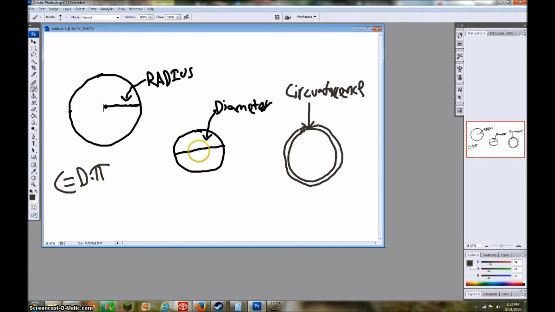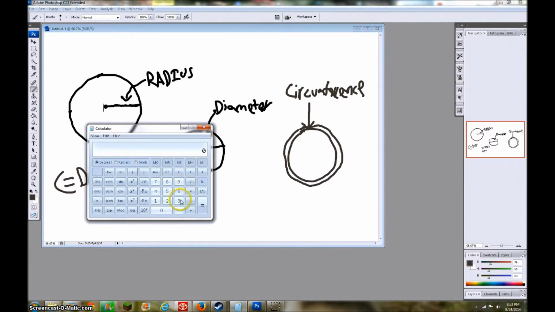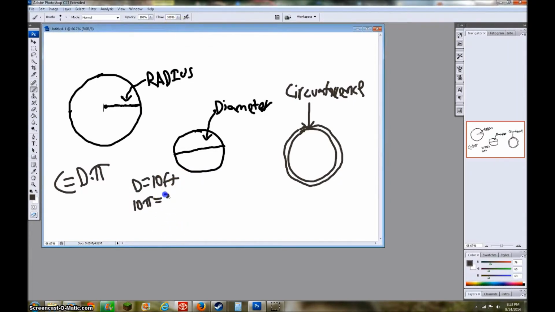If this were the diameter, let's say my diameter is 10 feet, then 10 times pi equals 31.4. Our circumference would be 31.4.